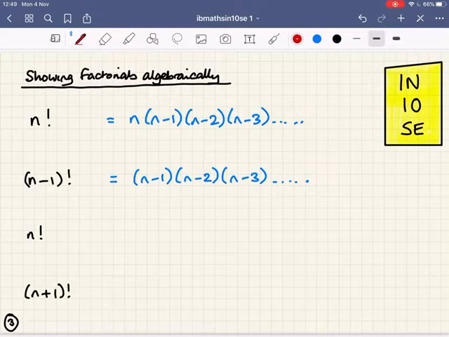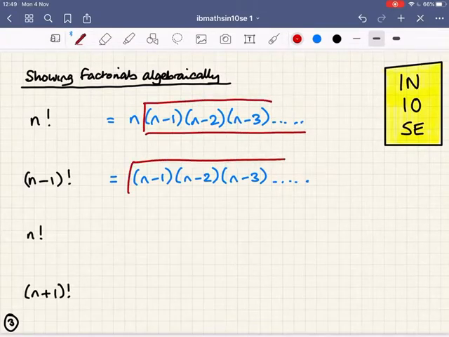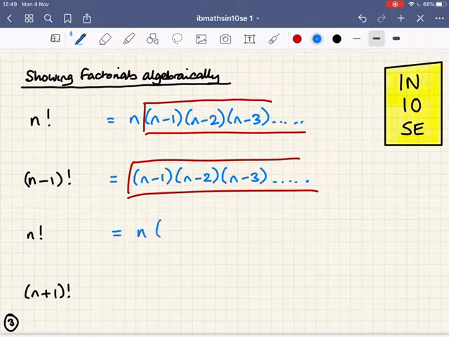Rather like 5 factorial was the same as 5 times 4 factorial, you can see that n factorial and n minus 1 factorial share a common factor there, n minus 1 factorial. So we could rewrite n factorial as n times n minus 1 factorial. That could be very useful if we're trying to factorize or if we're trying to simplify using algebra.